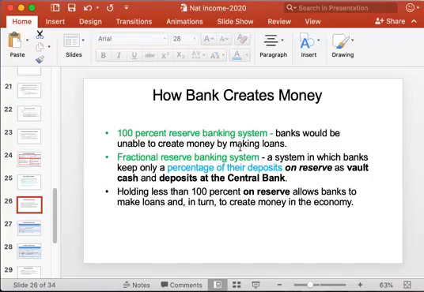So that is 100% reserve banking system. So if the economy or country runs with the system of 100% reserve banking system, then banks cannot create money.